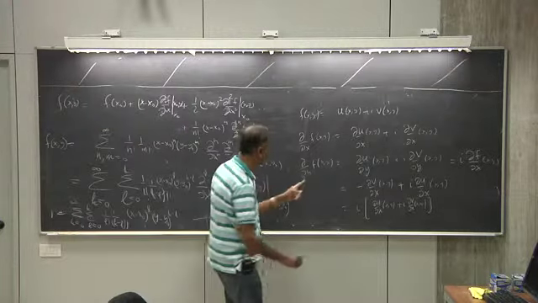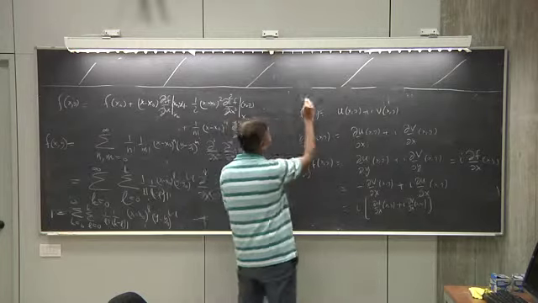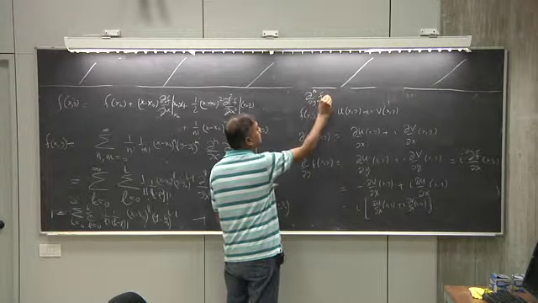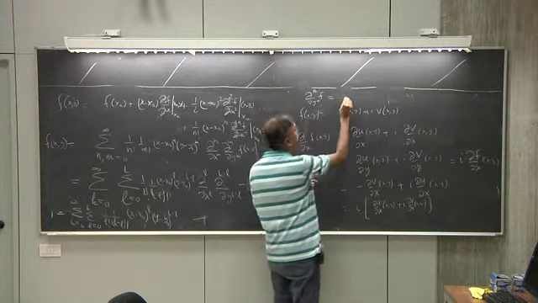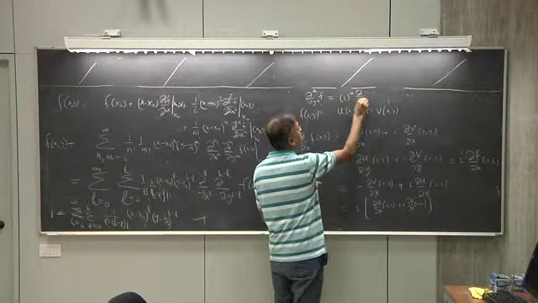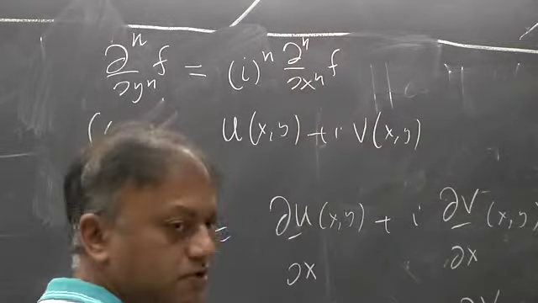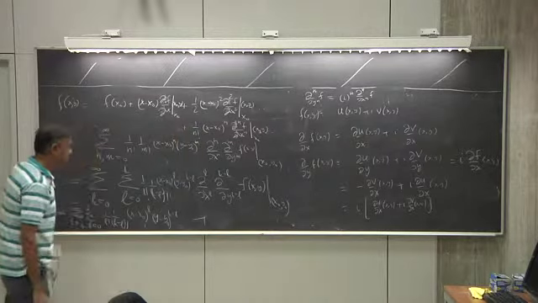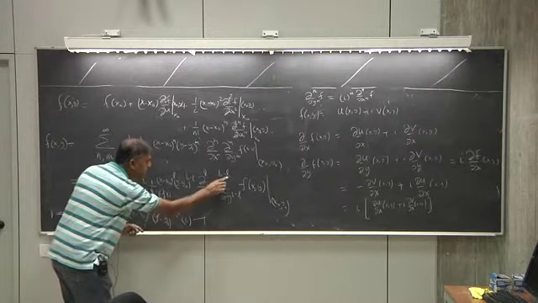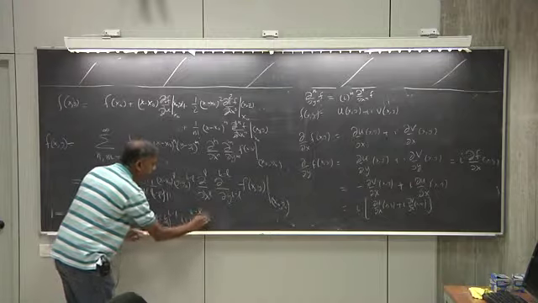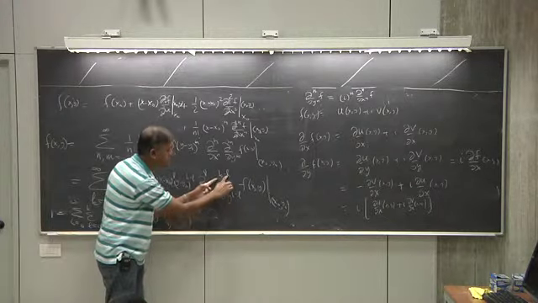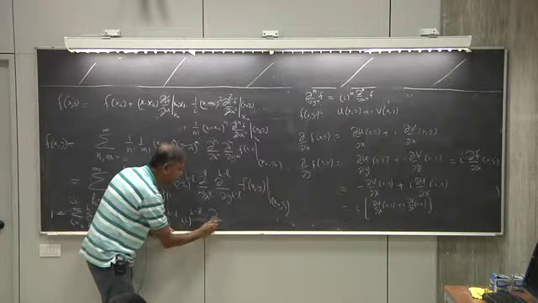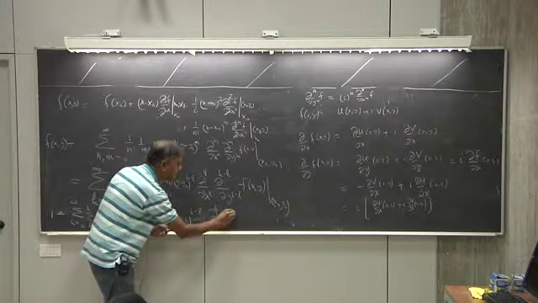This implies also that if I take n derivatives, d^n by dy^n of f will be the same as i to the power of n times d^n by dx^n of f, because you just keep repeatedly applying d by dy. So this becomes i to the power of k minus L, and then d by dx to the k minus L, but this is also d by dx to the L. Put them together, it's simply d by dx k times acting on f at x, y.